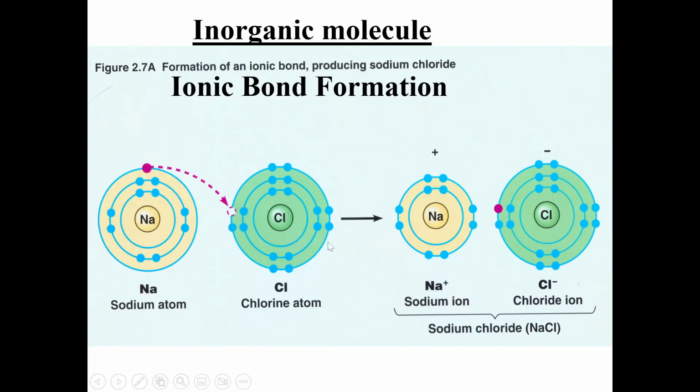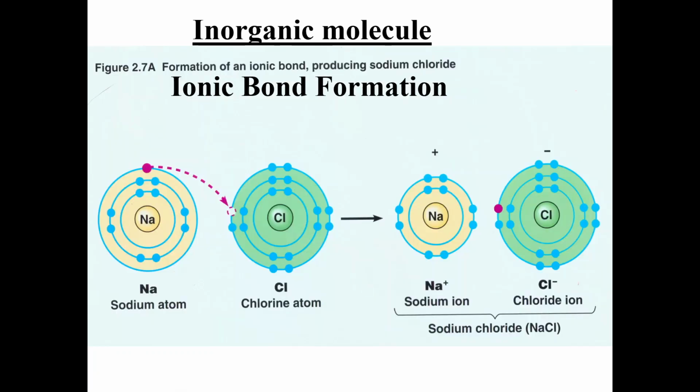And so when that happens, it becomes an ion, and it becomes positively charged because it no longer has that extra negatively charged electron. It gave it over here to the chloride atom. And so we have this negative attraction and this positive attraction to one another, and that's how those bonds are formed.